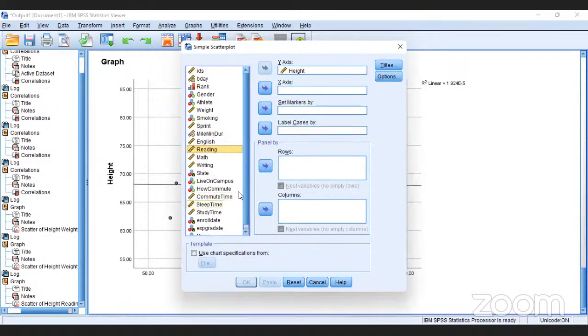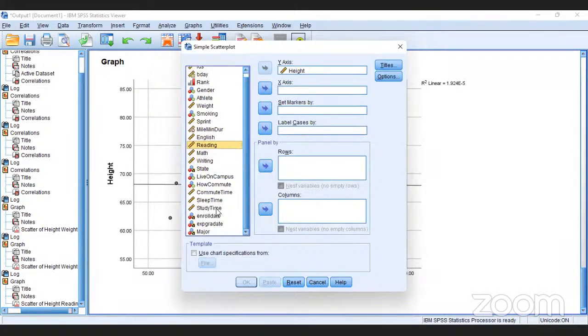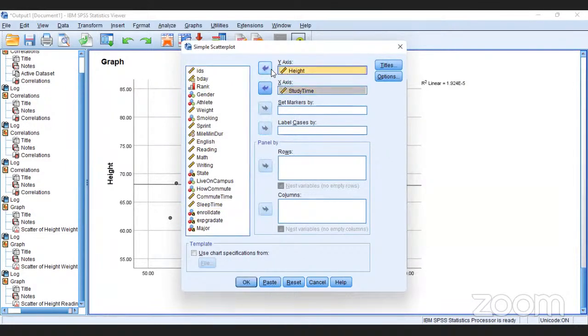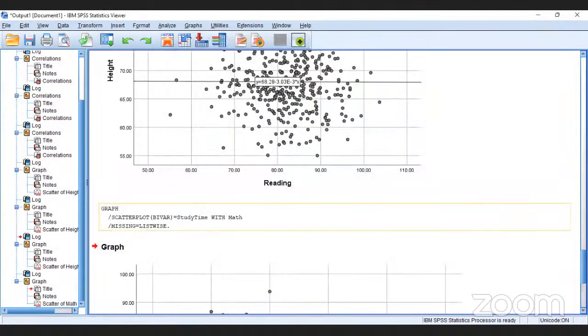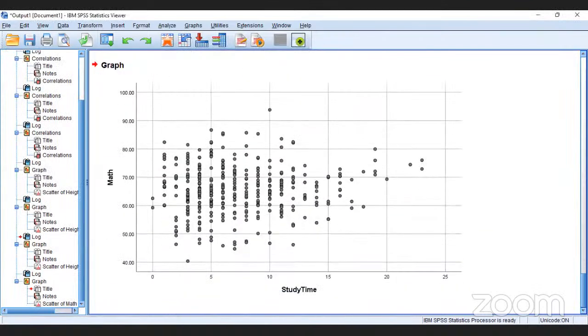Sleep time, was it significant? Let's take study time and reading and see. No, let's take study time and maths. We expect that the relationship should still be positive.